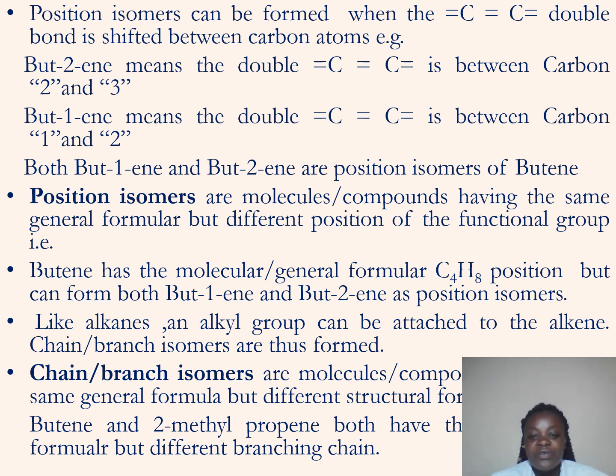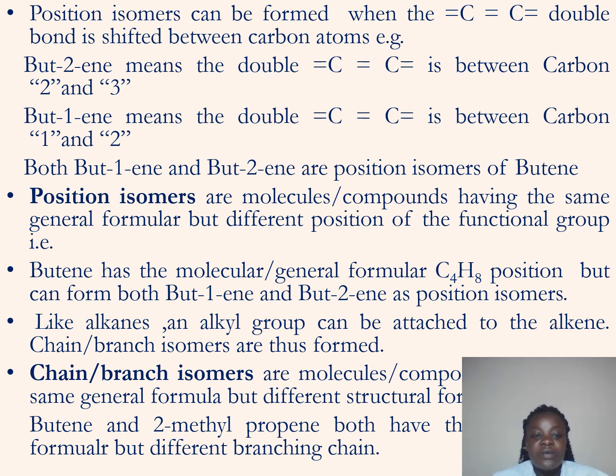All right, so these two have the same general formula. If you write the formula of the butene and that of 2-methylpropene, it will be the same, but they will have different structural formula. So that is what we call branch or chain alkenes.